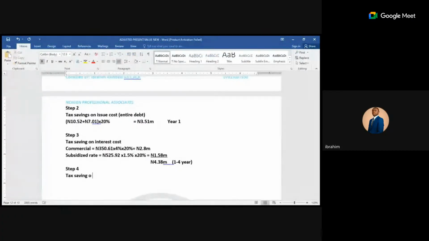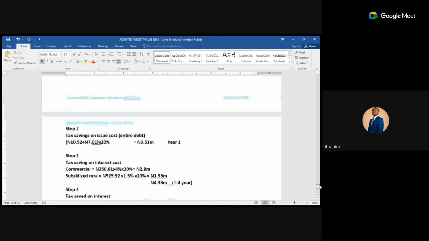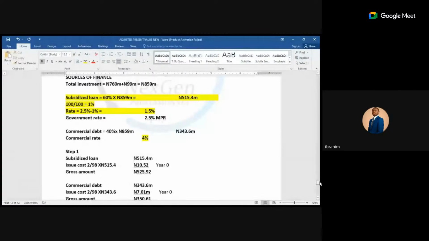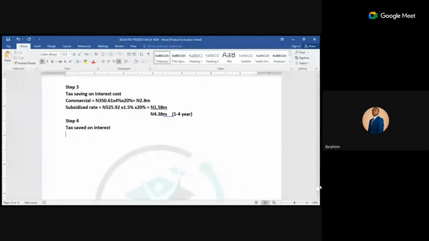Tax saved on interest. Meaning that between the subsidized and the commercial, how many percent did we save? Instead of going for the commercial, we have subsidized of 1.5 and commercial of 4.4%. How many percent have we saved? That is what it means.